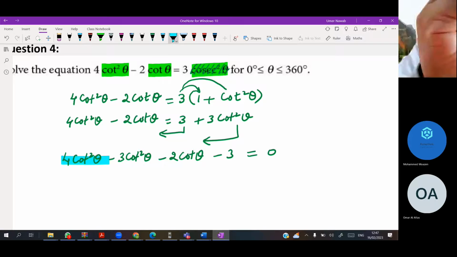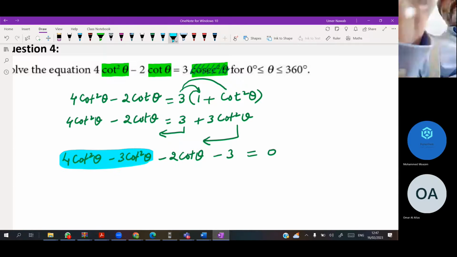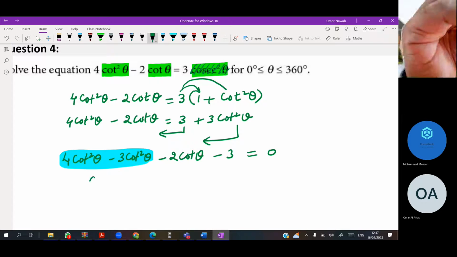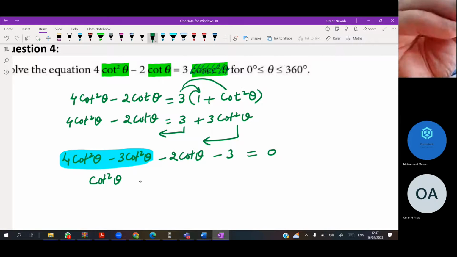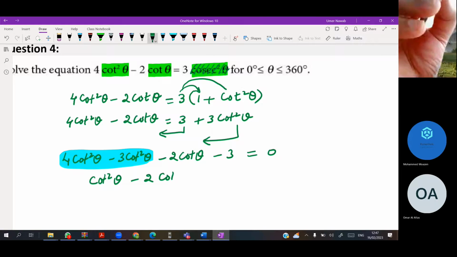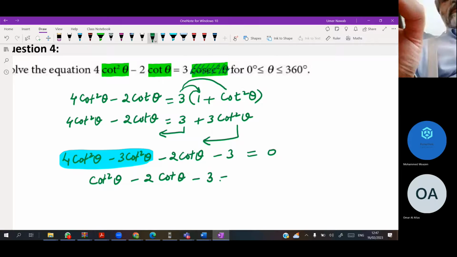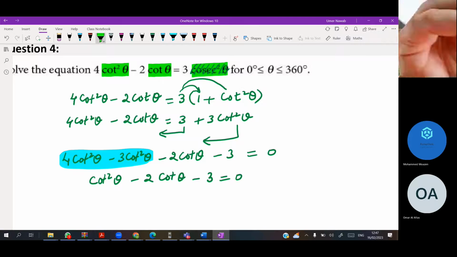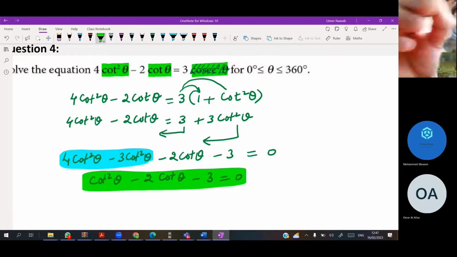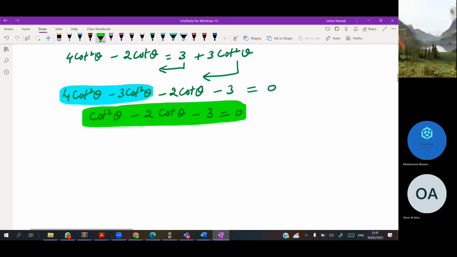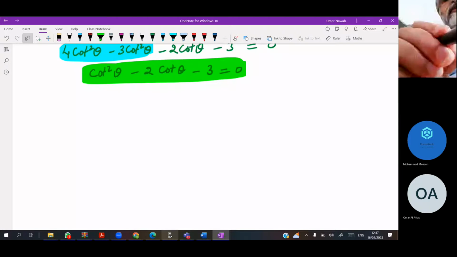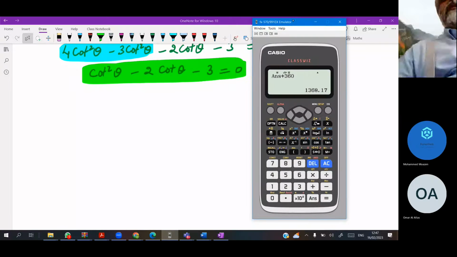Now can I simplify them? It will be cot squared theta minus 2 cot theta minus 3 is equal to 0. Moazan, does it look like a quadratic equation in cot theta? The answer is yes, it is a quadratic equation in cot of theta.